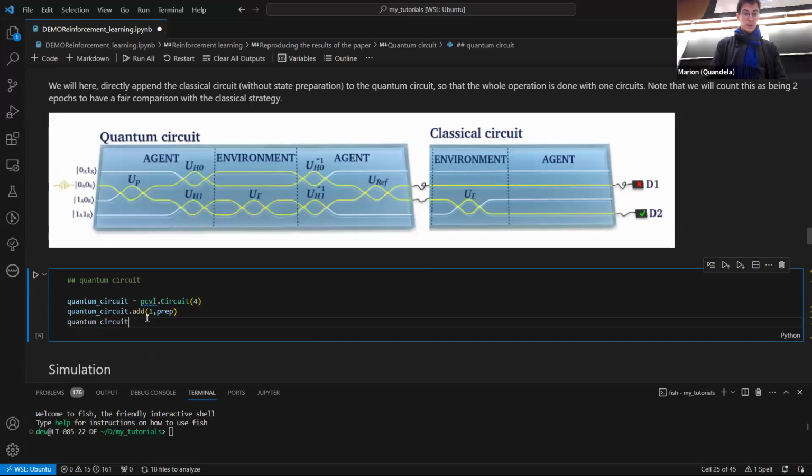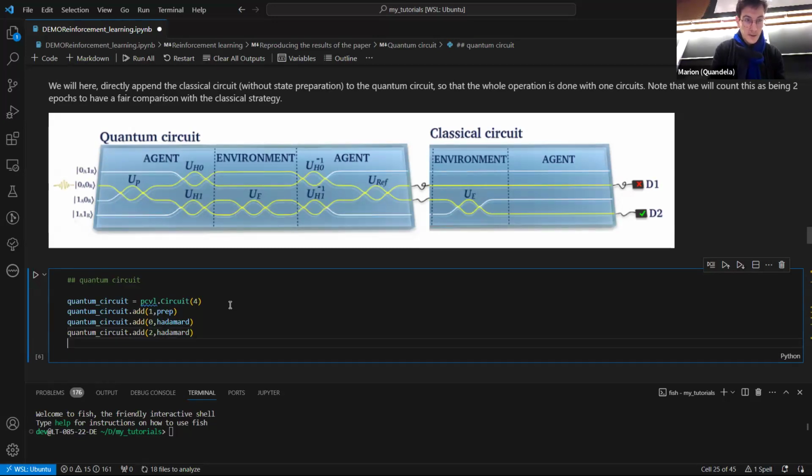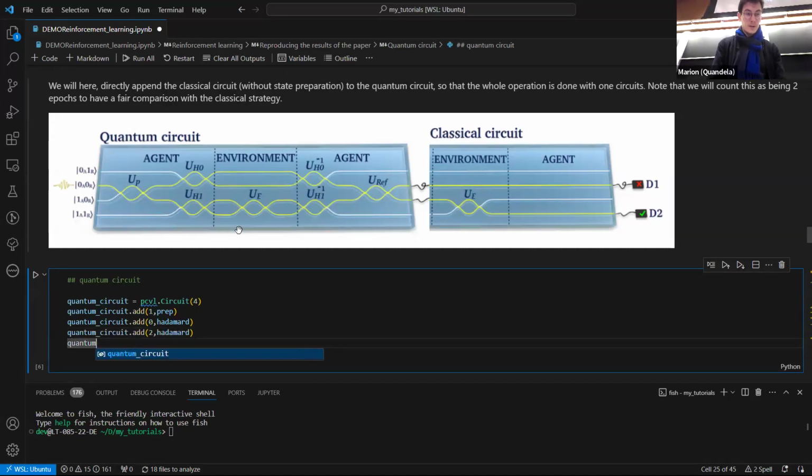We are going to add the two Hadamard gates. So Hadamard gates on mode 0, and the Hadamard gate on mode 2. Then we are going to add the environment.